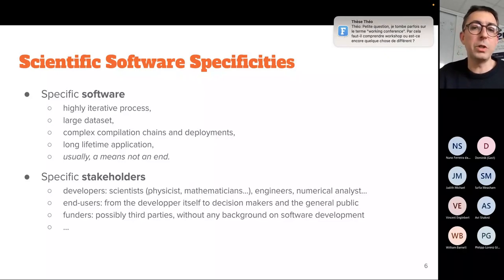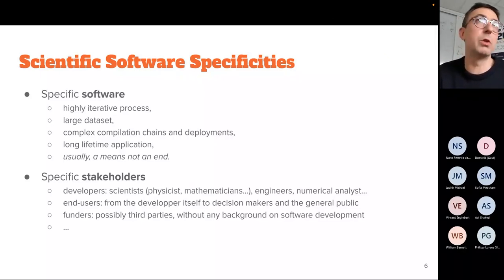And most of these funders don't have any background in software development, which means that because the software is not an end, but just a means, and because they don't have a good background in software development, it's super difficult to put some effort into providing software of good quality. What I mean by this is that putting a lot of effort into a good design, into a good development, with a lot of validation and verification, and so on and so on.